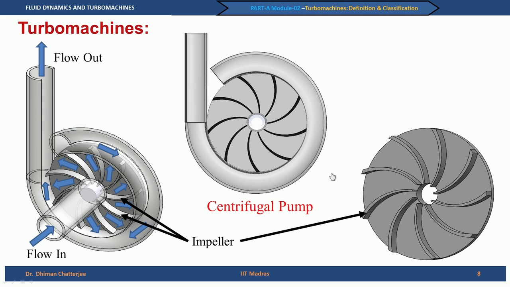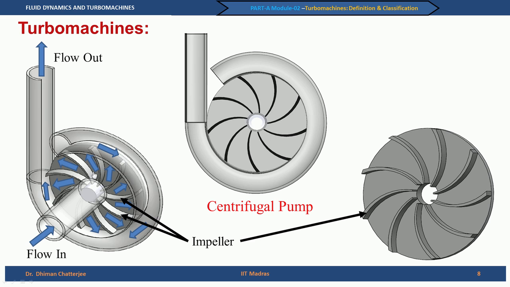So, this is a cutout of a pump which we have shown here. Let us first focus on the central figure, where we have a cutout of a pump and you can see the blades. I will talk more about these blades in the later part of the course. The fluid will enter from the center. Here the pipe is shown schematically.